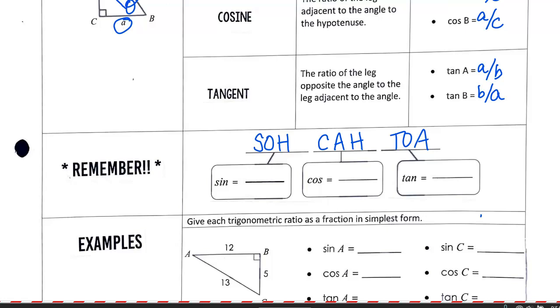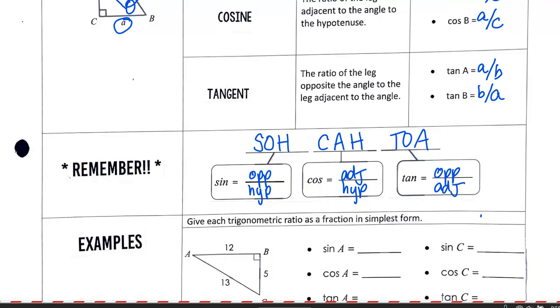It will be so helpful to remember. So what it means: SOH, sine is the opposite over the hypotenuse. CAH, cosine is adjacent over the hypotenuse, and TOA, tangent is the opposite over the adjacent.